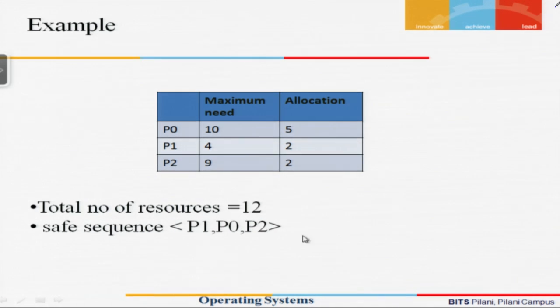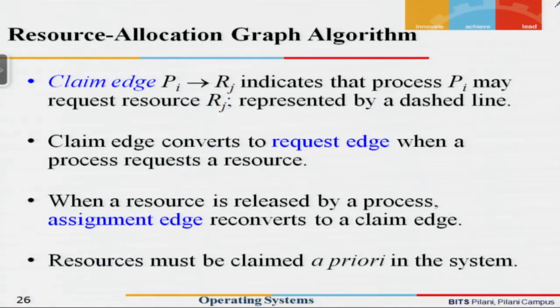So we can very clearly see that we can work out a sequence such that if the processes are executed in that sequence, then deadlock would not occur, and such a sequence is known as a safe sequence. There are various approaches for doing deadlock avoidance. One of the approaches is based on a resource allocation graph.